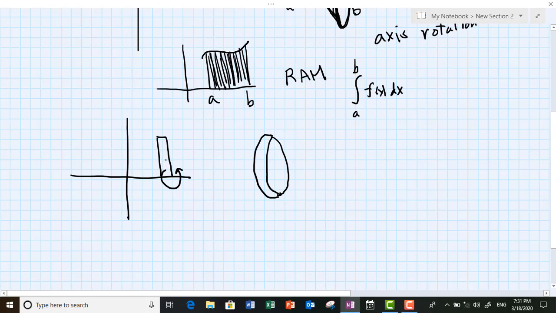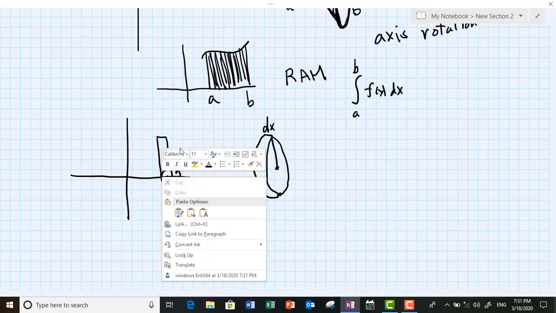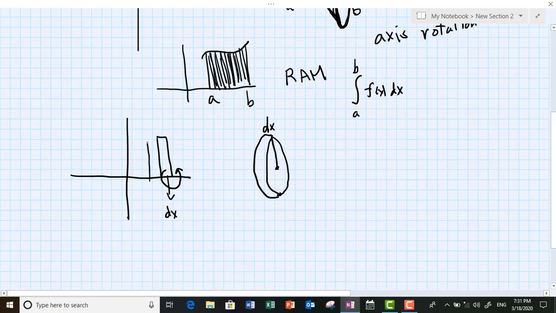So this right here represents dx. That's the height of a cylinder or disk. And this right here, the distance from the axis of rotation to the curve, is going to be your r.